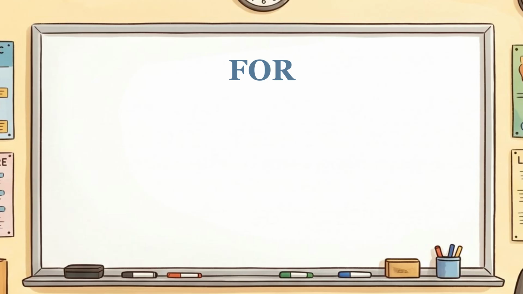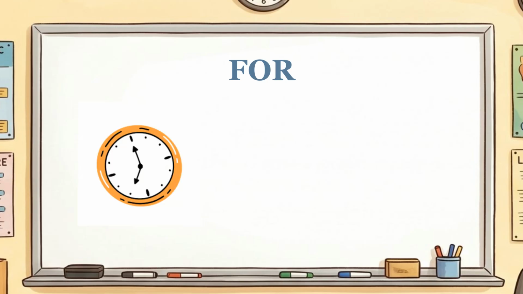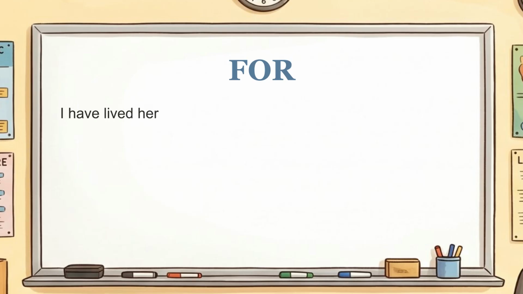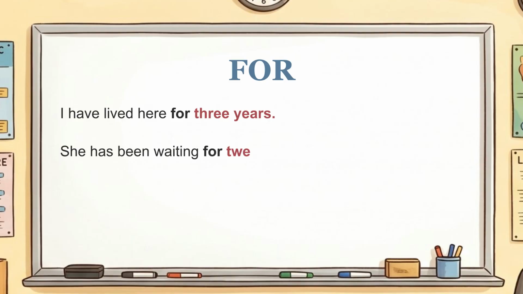Let's spend some time on for first, because it is the more flexible of the two words. For is followed by a duration, an amount of time, something you can measure. I have lived here for 3 years. She has been waiting for 20 minutes.